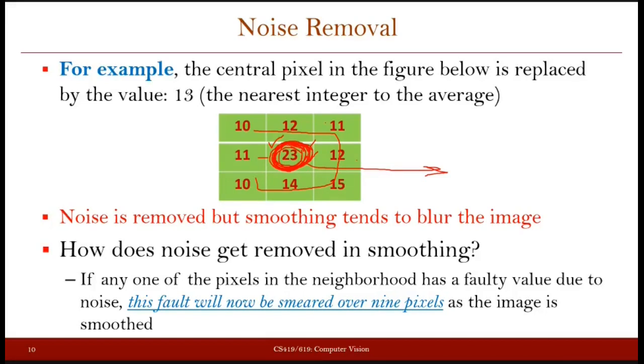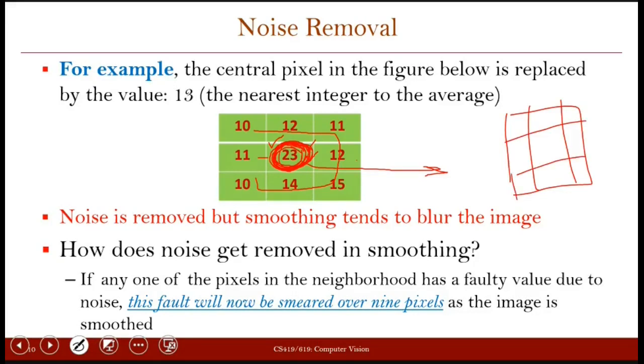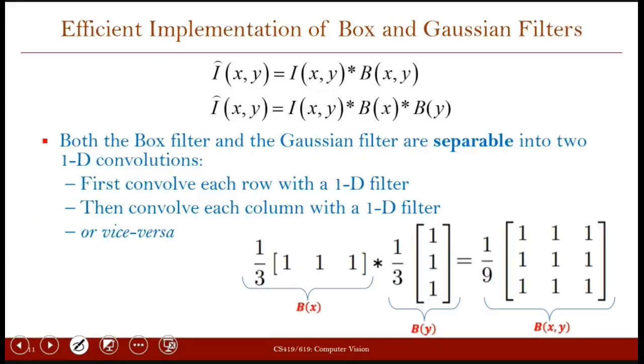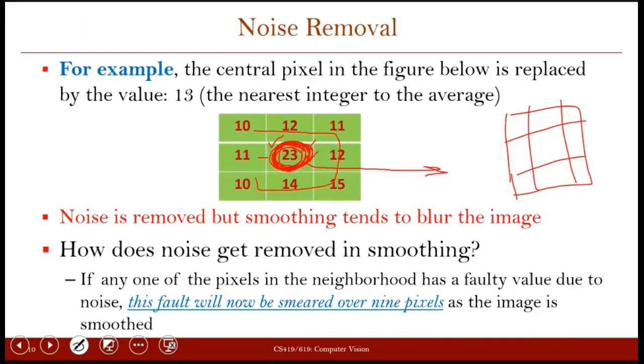So when you compute the average and replace this 23 by its average, which in this case is 13, you find that in the newly computed image, the central pixel will have an intensity close to what you have in the neighboring pixels, right?